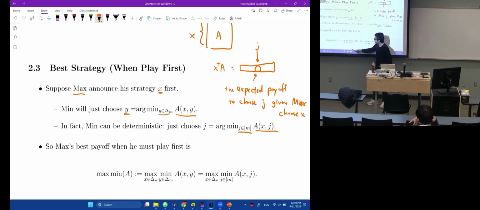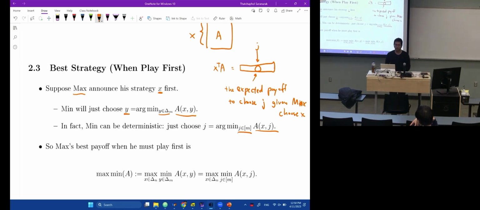That is, he wants to choose the strategy X such that it maximizes this whole thing, because he knows that if he uses X, the Min player will choose Y such that this is minimized.